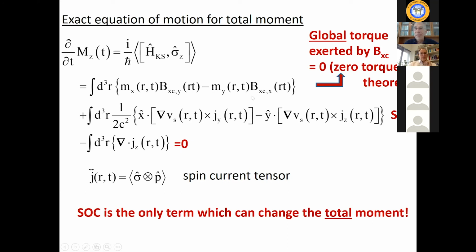Now, here is this term, which is M cross B_xc, the cross product of M with B_xc. If you had, in addition, an external magnetic field, then B external cross magnetization would exert a global torque on the magnetization of the system. So you would cant the global magnetization. But the internal forces cannot do this. So that's why this term is zero.